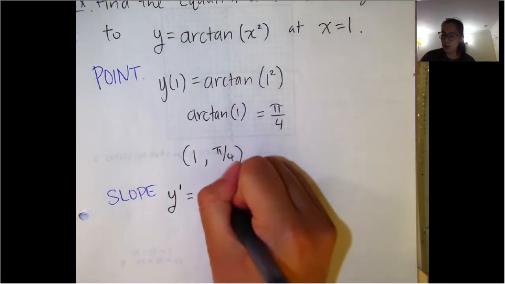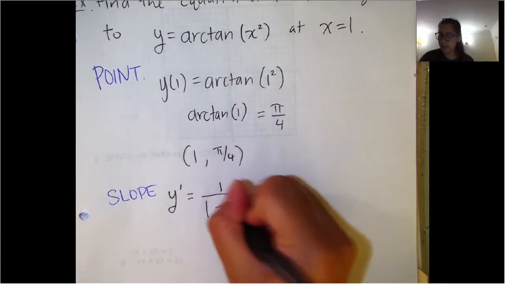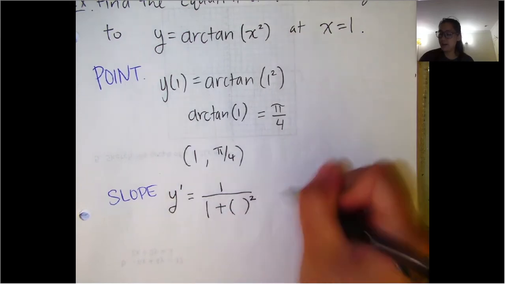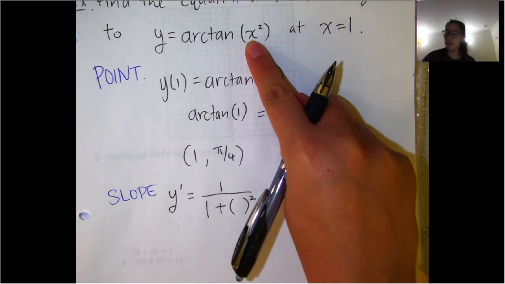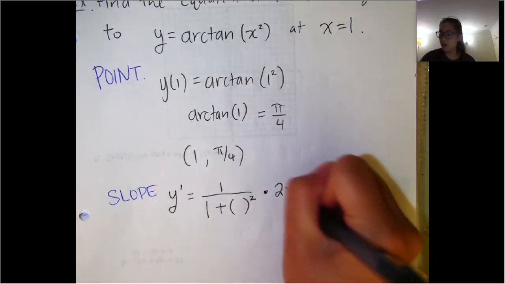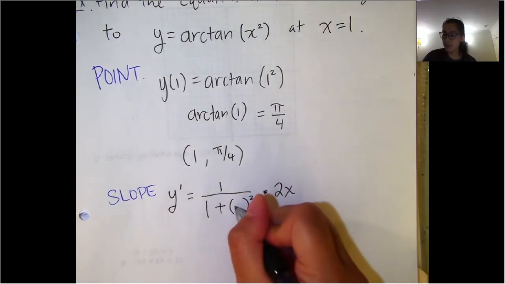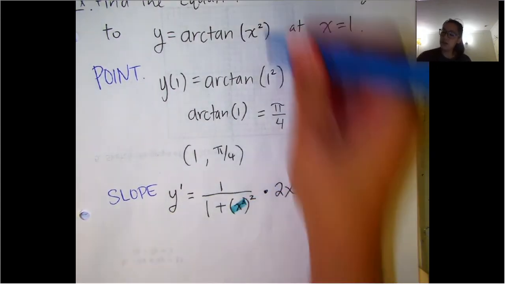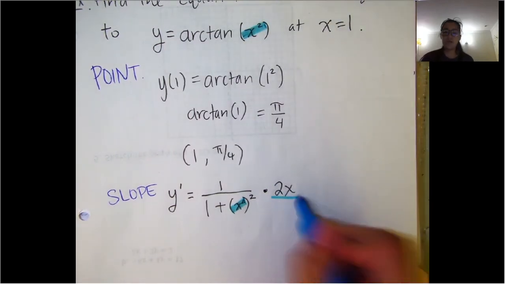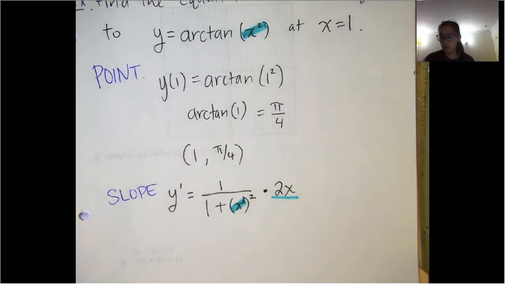So it'll be 1 over 1 plus that something squared. And then we multiply by the derivative of x squared. Well, the derivative of x squared is 2x. And remember that something was the inside function. So that's that x squared right there. Okay, so this was the inside function, and that was the derivative of it by the chain rule.